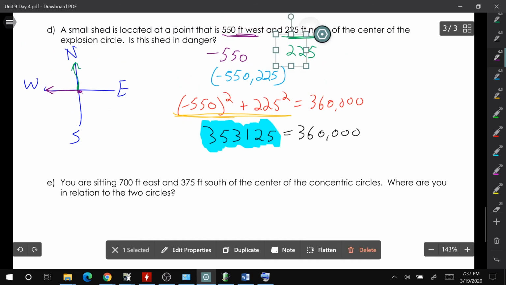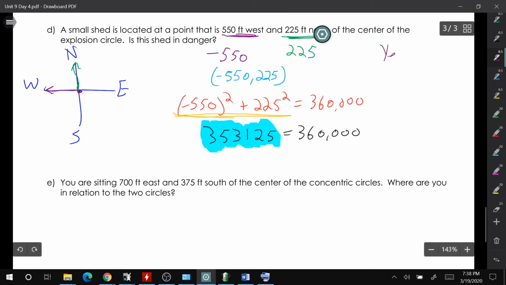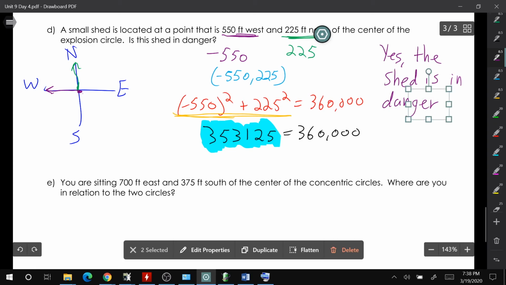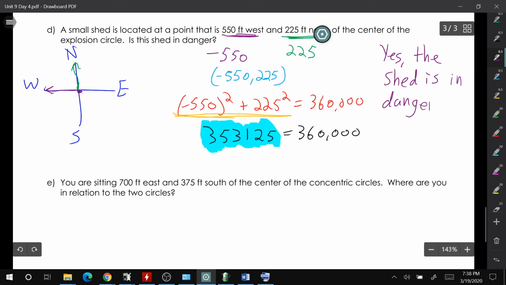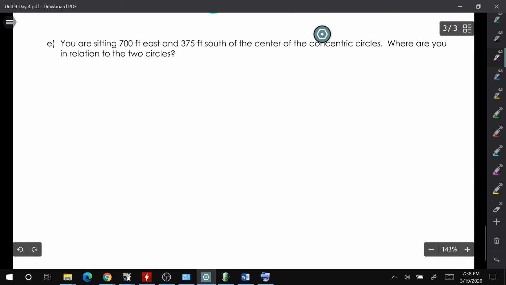Okay, so yes, the shed is in danger. Alright, now the last part. You are sitting 700 feet east.